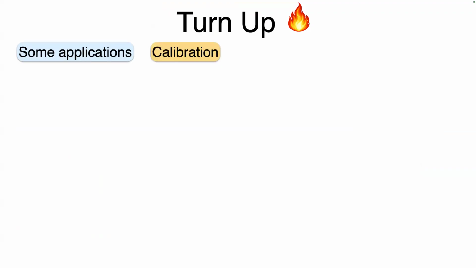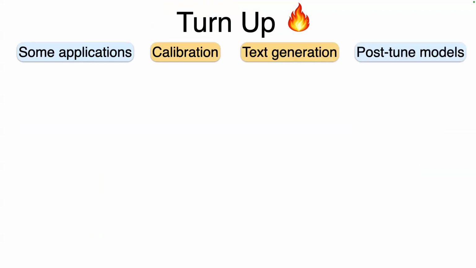All right, so this has been a little simple. What we'll do now is turn up the heat a little bit. In some applications, specifically when people do calibration or text generation, they post-tune the models.